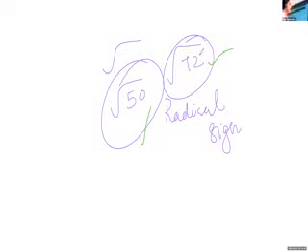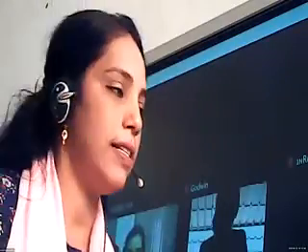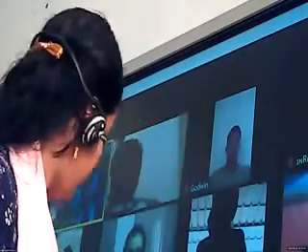When we simplify, we will get a simplified form for root 50 and root 72. Here we are using prime factorization. For simplification, we need prime factorization.